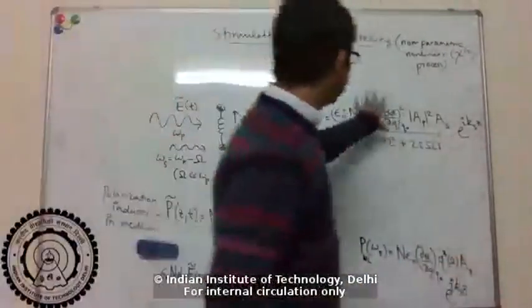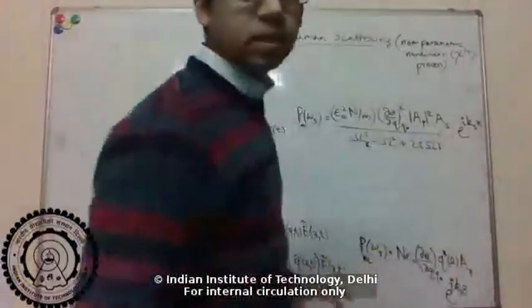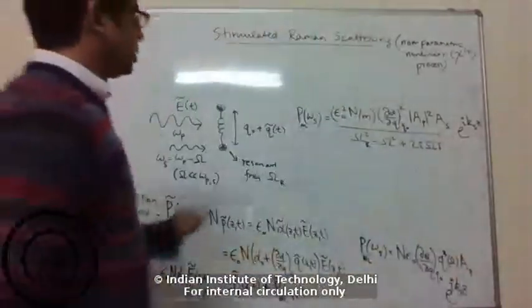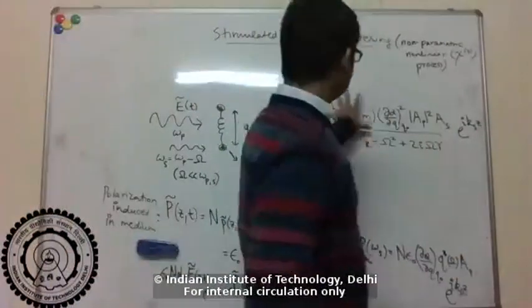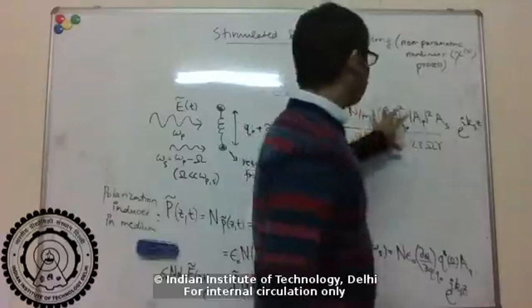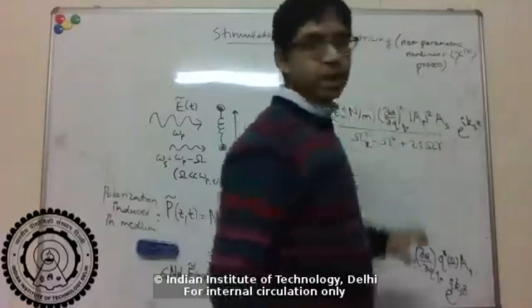And then the proportionality here was proportional to some chi3, right? So it's the same thing here. So basically, we can call this proportionality constant here as some effective chi3.